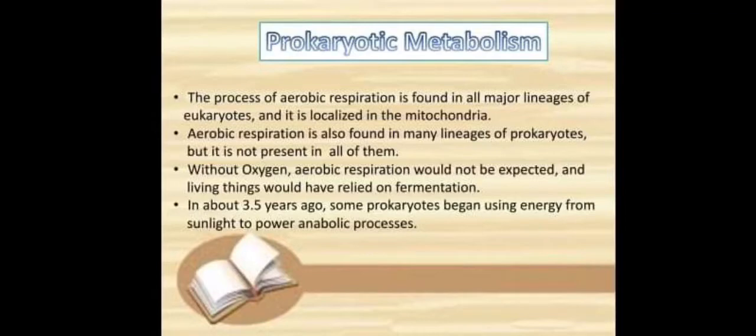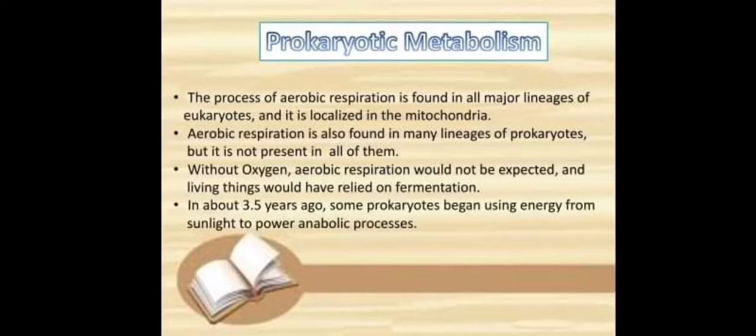At some point before about 3.5 billion years ago, some prokaryotes began using energy from sunlight to power anabolic processes that reduce carbon dioxide to form organic compounds. That is, they evolved the ability to photosynthesize.